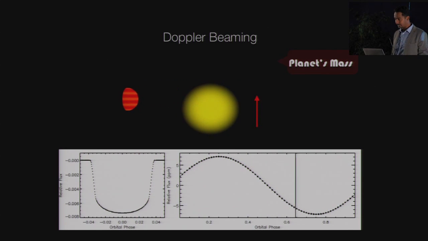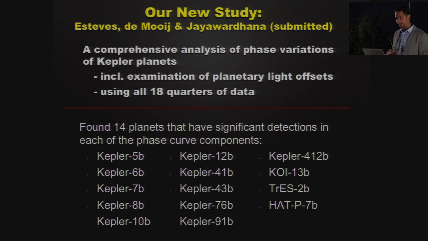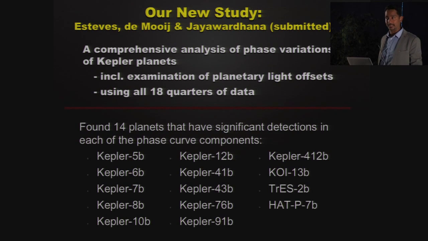orbits it. What we've done over the last several months is to conduct a comprehensive analysis of phase variations of all Kepler planets and planet candidates that have been published with periods shorter than 5 days. So we basically tried to comprehensively search the entire database of 18 quarters of data available publicly now to look for phase curves.